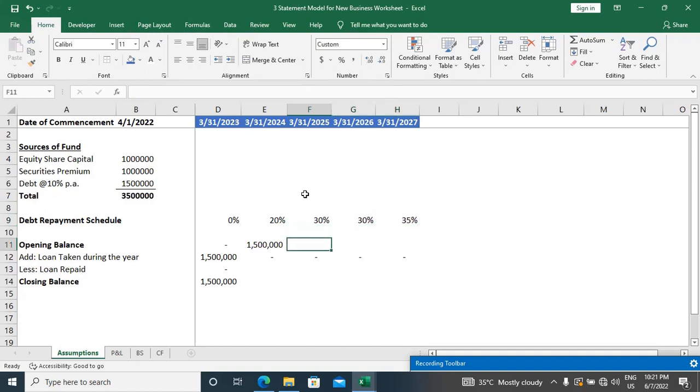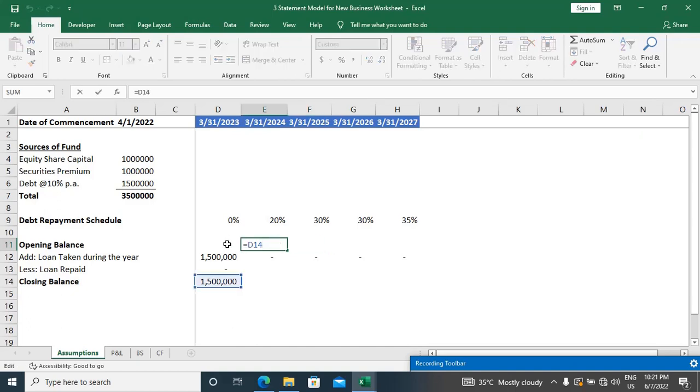Now look at it very carefully, because this is the debt repayment schedule we are preparing, and this is one of the most important things in your assumption sheet. Okay, so this is the opening balance we have got from where? From the closing balance of the first year ended, right? So now this year we will pay off the loan. You might be thinking, okay, this was the starting year, right?